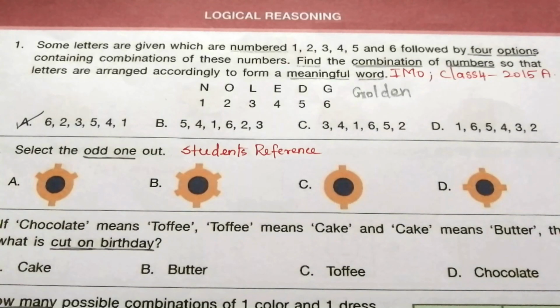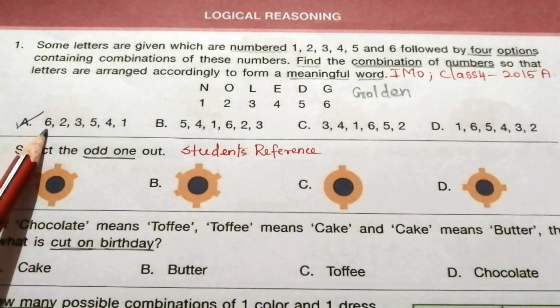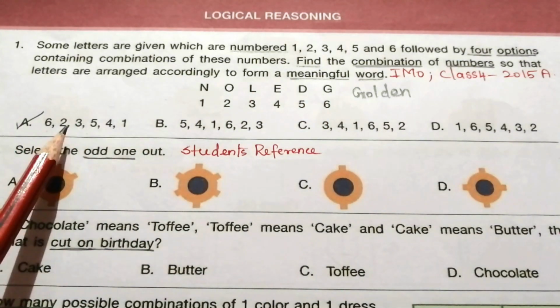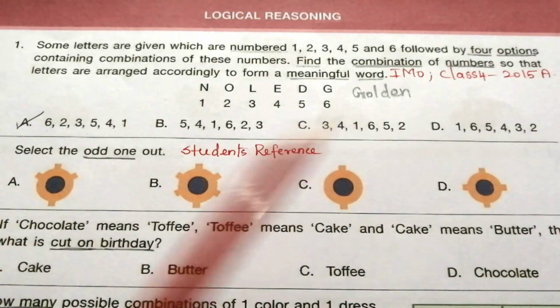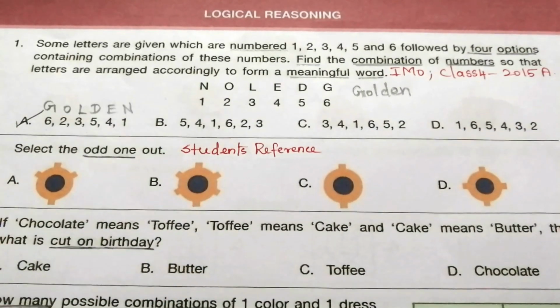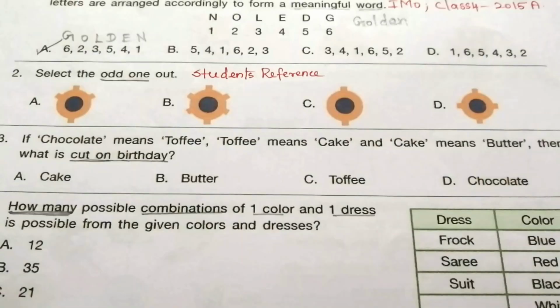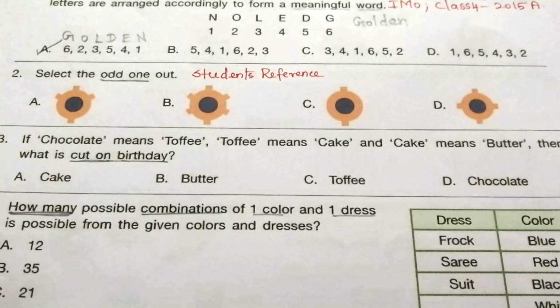Otherwise, you can find the answer in another way. Substitute the letters for the corresponding numbers in each and every option. You can easily find the answer. Here I show one example. 2. Select the odd one out.